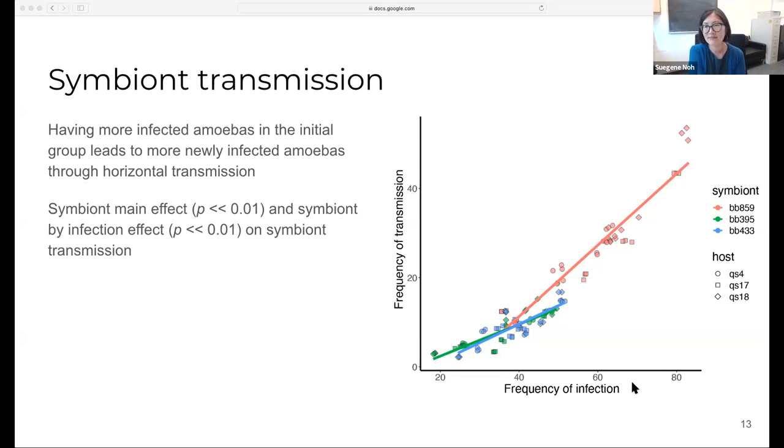And so there seems to be a combination of both host resistance and tolerance operating here. These slopes are consistent across the different host strains, and so it seems that these effects of symbiont transmission are occurring across all of these host strains pretty equally.